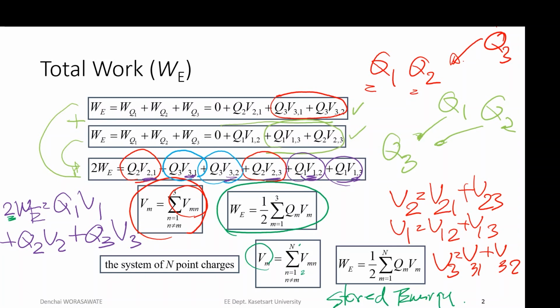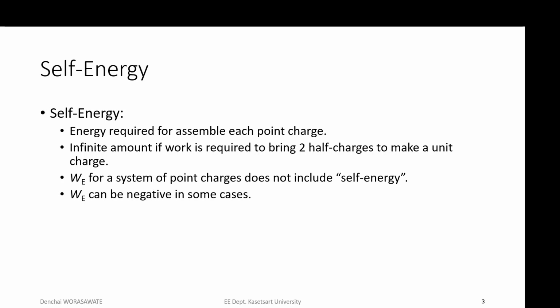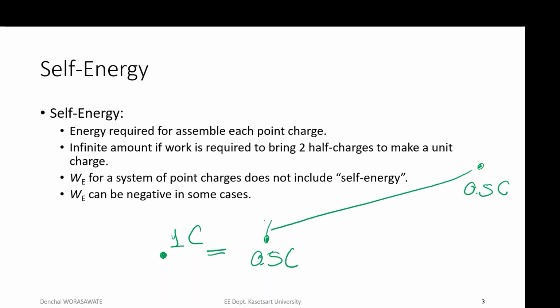There's one problem here though. If we have 1 point charge, say this is 1 coulomb, how do we construct 1 coulomb? 1 coulomb might be from 0.5 coulomb, and we move another 0.5 coulomb to this location. We would need infinite work because we have an infinite electric field at this location.